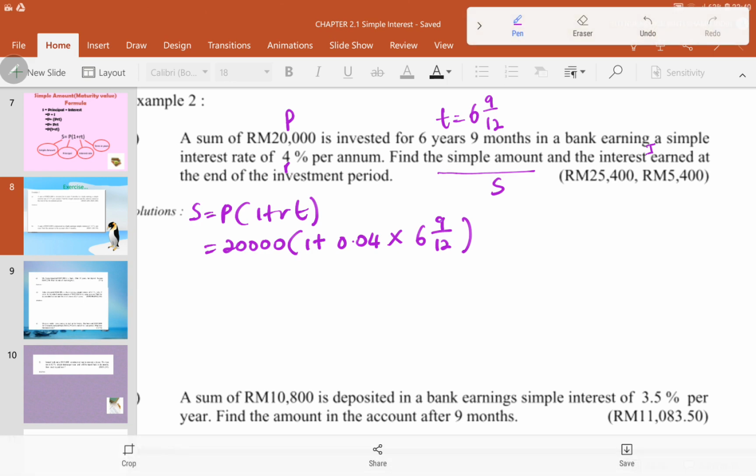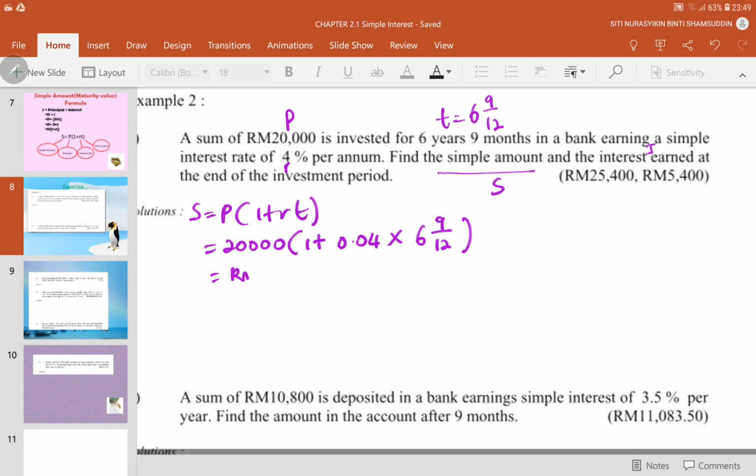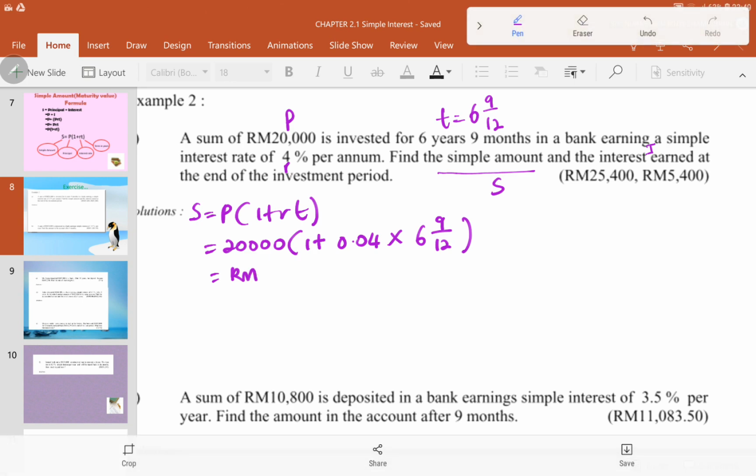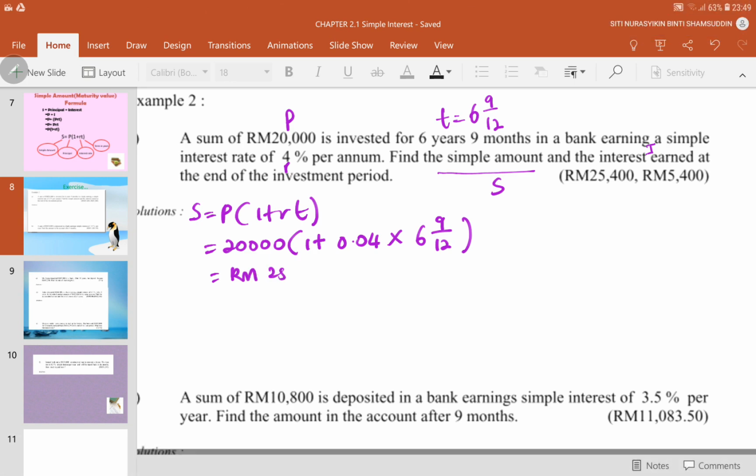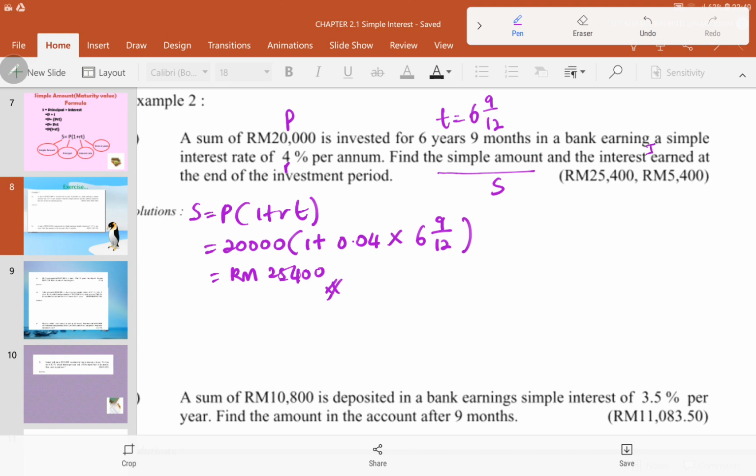Convert 9/12 to decimal first, so you get 6.75. When you calculate it, you must get 25,400. This means that after 6 years and 9 months, the account has 25,400 ringgit.